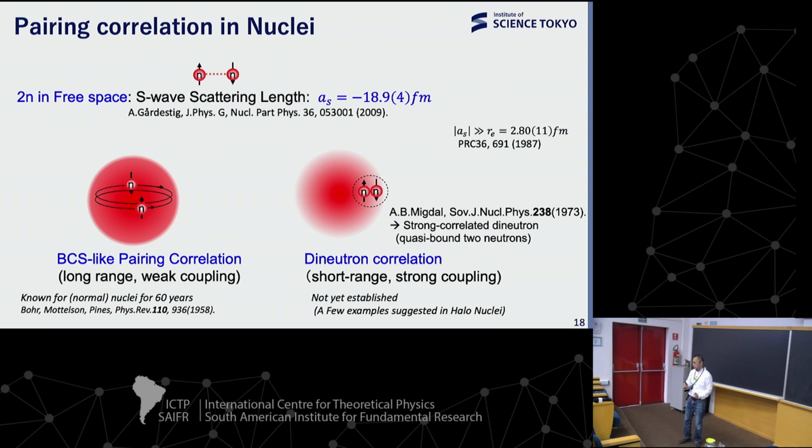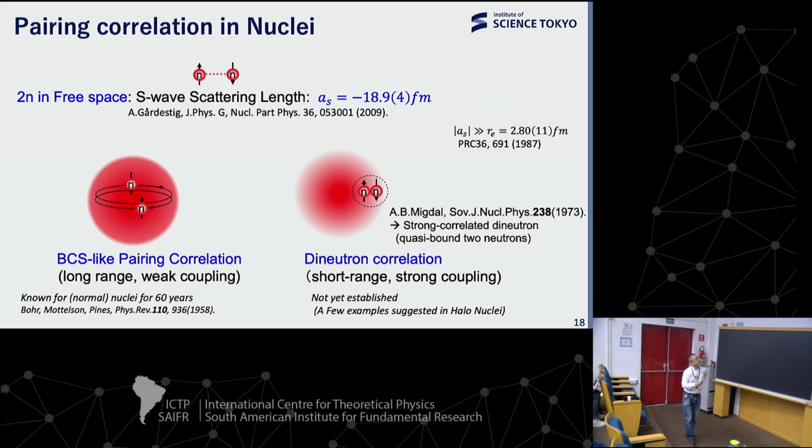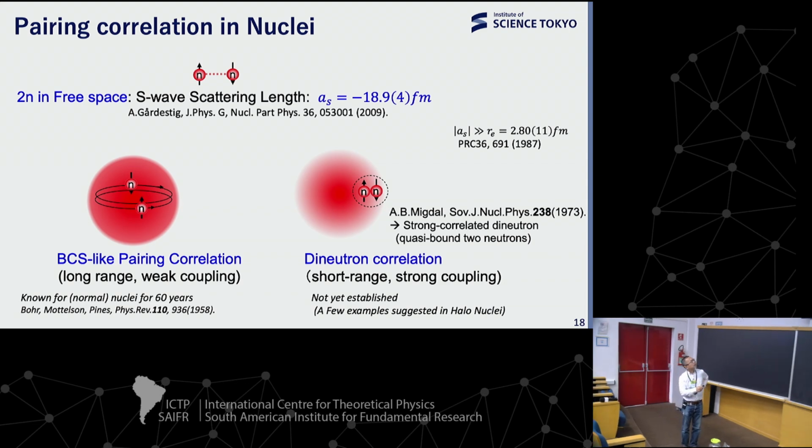So I just would like to remind us about the pairing correlation in nuclei. As I said, 2 neutrons in free space have an S-wave scattering length of minus 18.9 femtometer, okay, like this.